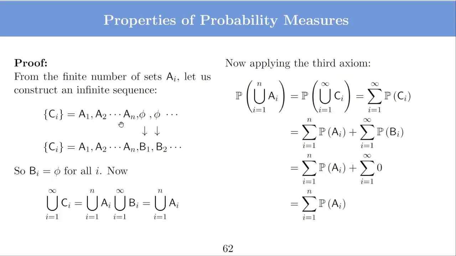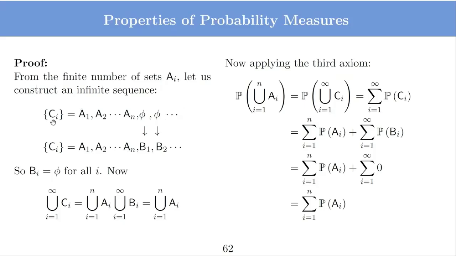Okay, so we can see that the n sets are A1, A2, up to An, and the rest of the sets we can call B1, B2, B3 like this, and this complete sequence is Ci, and of course B1, B2, B3 are all just empty sets. Okay, so why have we taken the empty set? So that the union does not change. Okay, we will see in a bit.